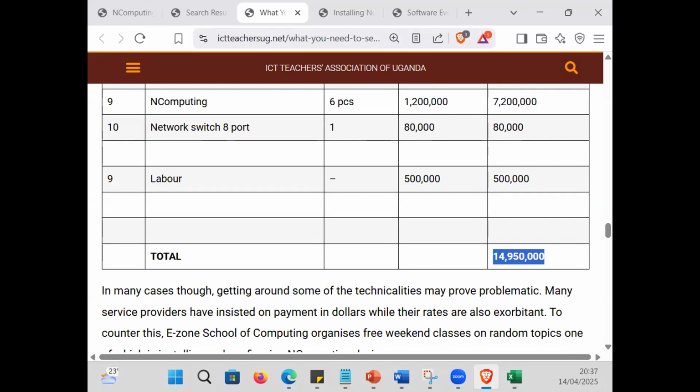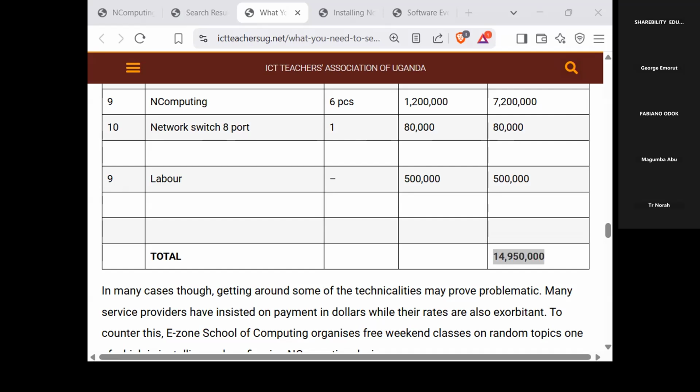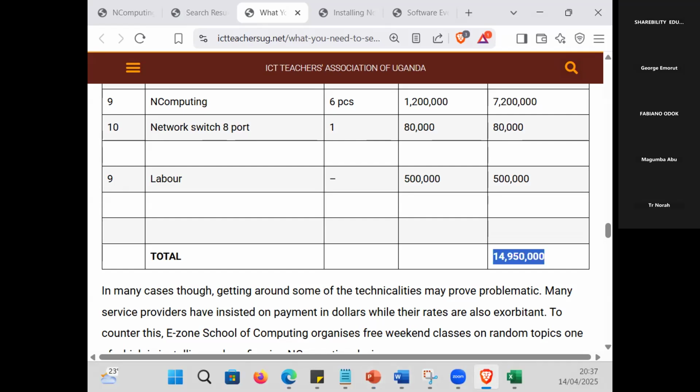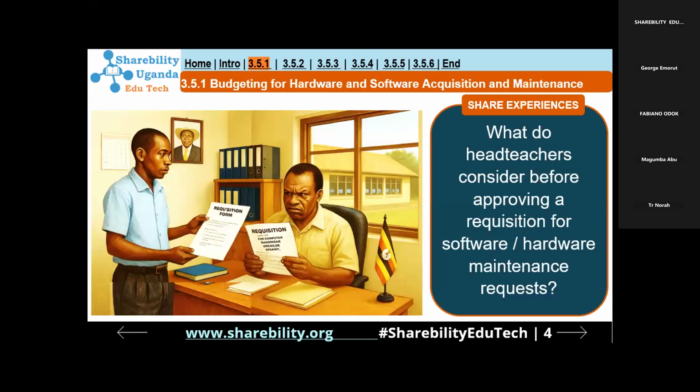There is some kind of setup I wanted to show you here, members. Let me see if I can bring it out as you try to look at those figures. We are looking at a computer lab, and we want to see how we can guide the teachers.